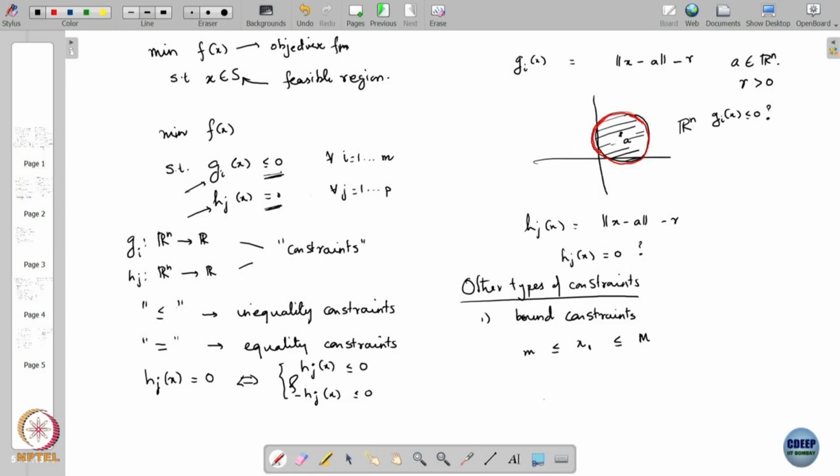It will look to the algorithm as if you have written one inequality like this and another inequality like this, and this can lead to some problems. So, to avoid this, sometimes algorithms ask you to specify this separately. These are called bound constraints. For analysis, this usually does not matter, so we can always absorb these as inequality constraints.